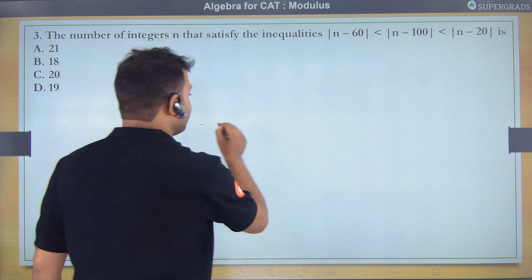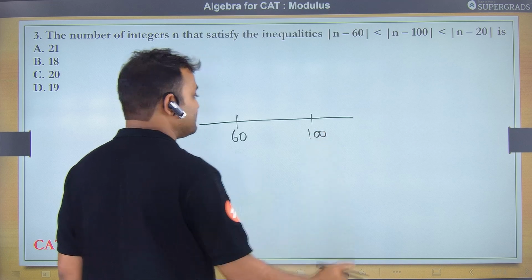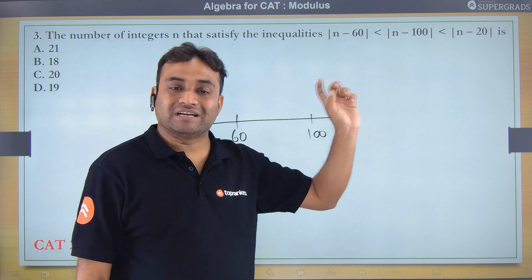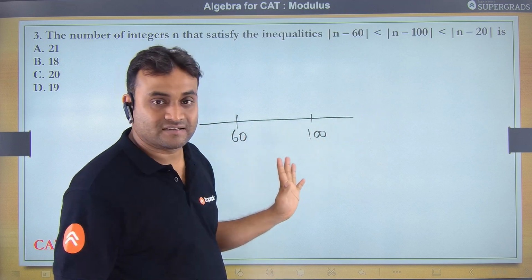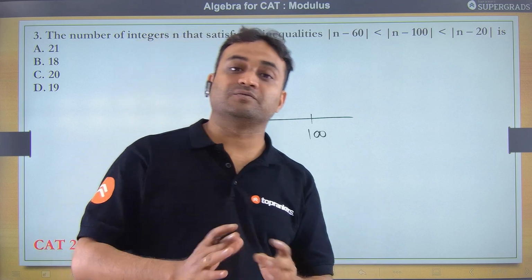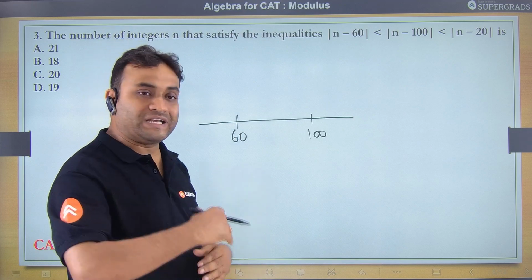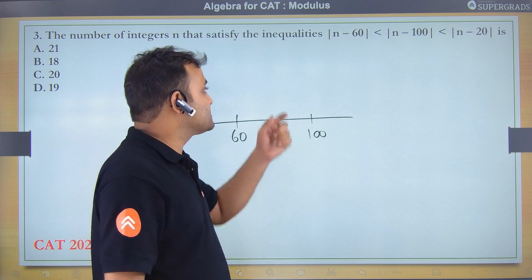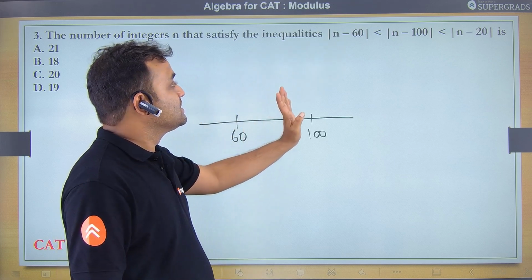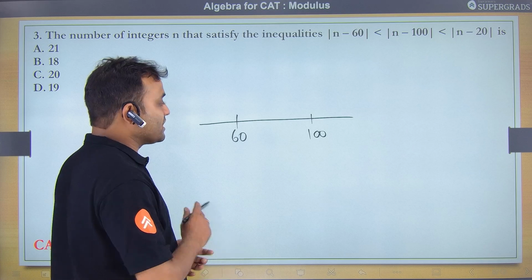So we have 60, we have 100. |n - 60| is nothing but the distance between n and 60, and |n - 100| is nothing but the distance between 100 and n. So we should be taking values of n where the distance between 60 and n is less than the distance between n and 100.